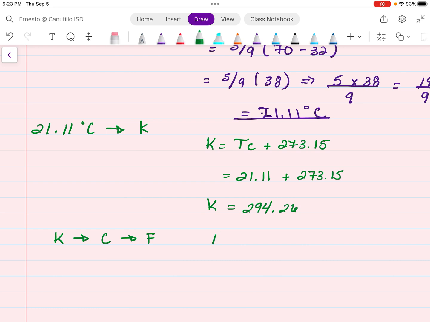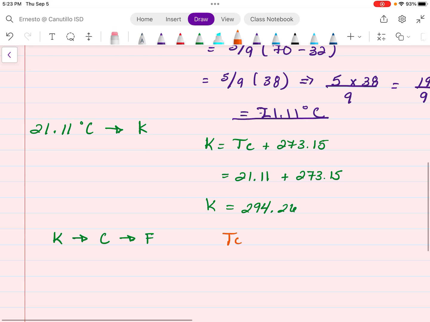Let me do another color. Temperature in Celsius is going to equal the temperature in Kelvin, and from that you're going to subtract 273.15. Just the opposite of what you just did.